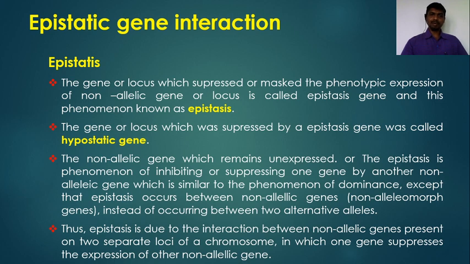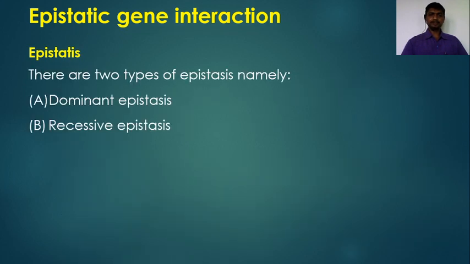The gene which suppresses the hypostatic gene is called the epistatic gene, and the gene which was suppressed by the epistatic gene is called the hypostatic gene. Thus epistasis is due to the interaction between non-allelic genes present on two separate loci of a chromosome, in which one gene suppresses the expression of the other non-allelic gene.